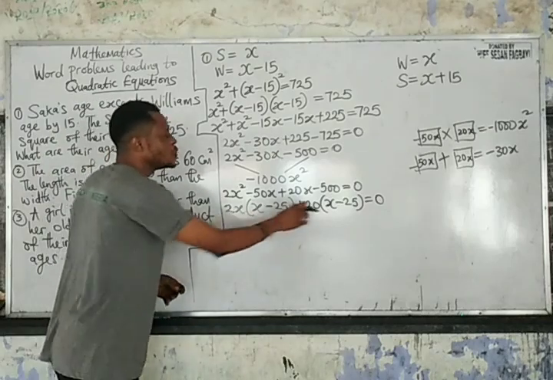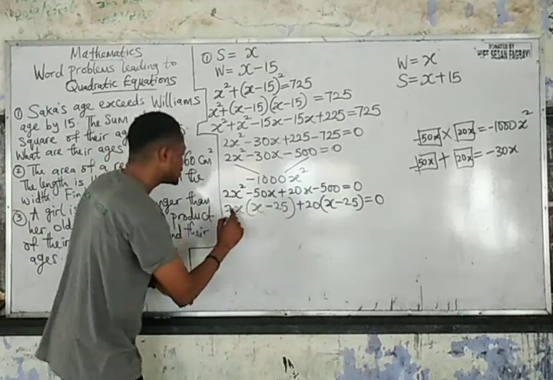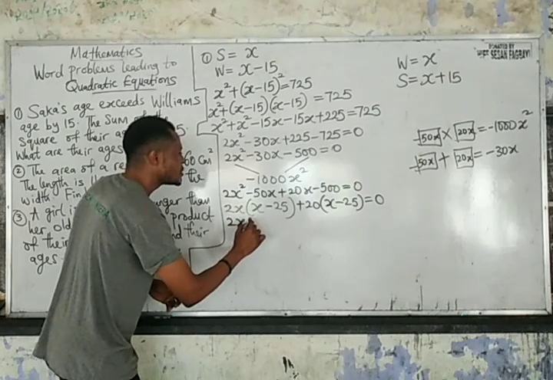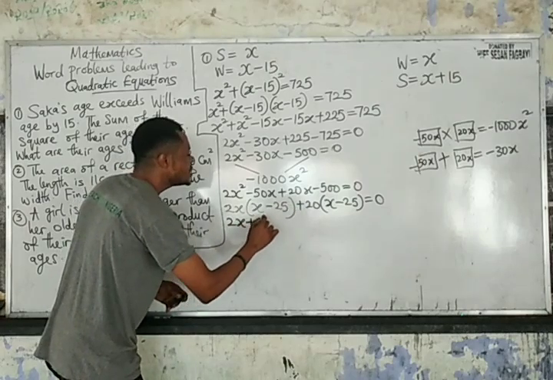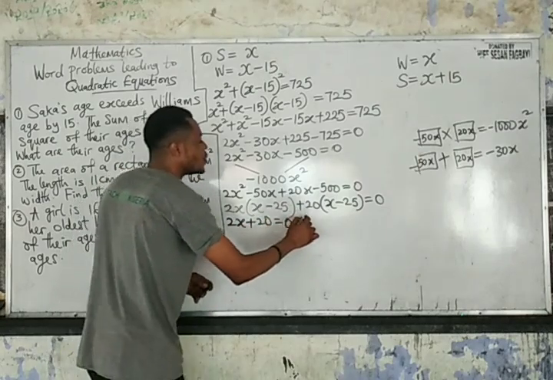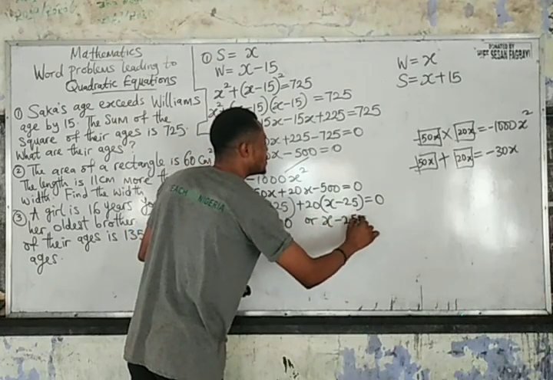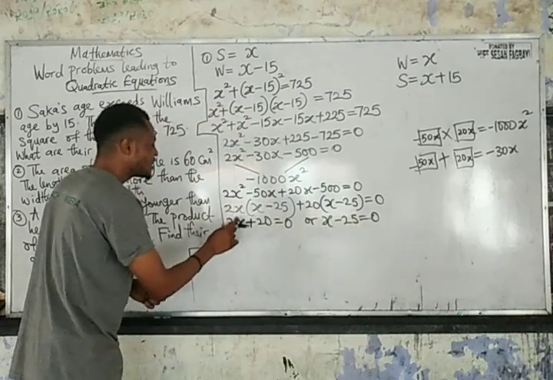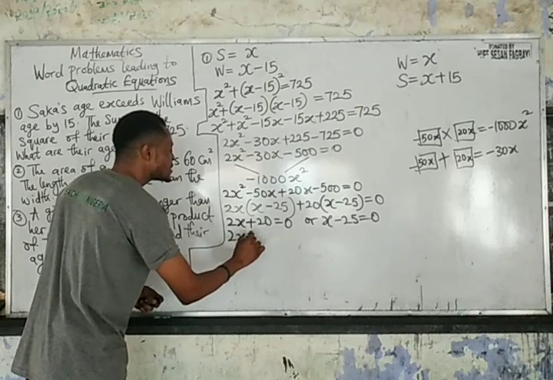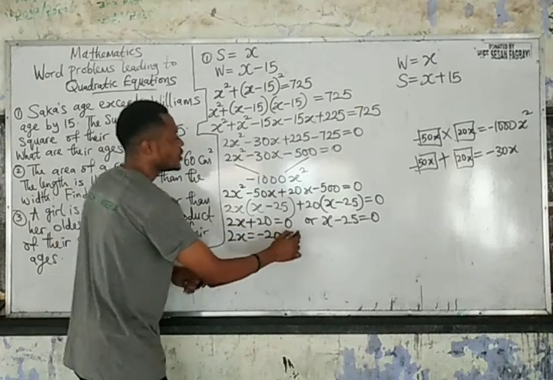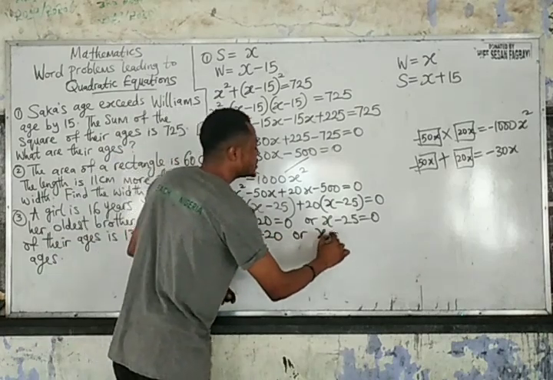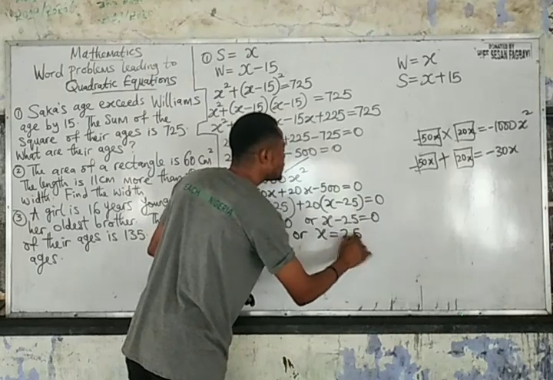So we group the one that are outside and the one in the bracket. So 2x plus 20 equals to 0, or x minus 25 equals to 0. We are trying to find x. 2x is equals to minus 20, or x is equals to 25.